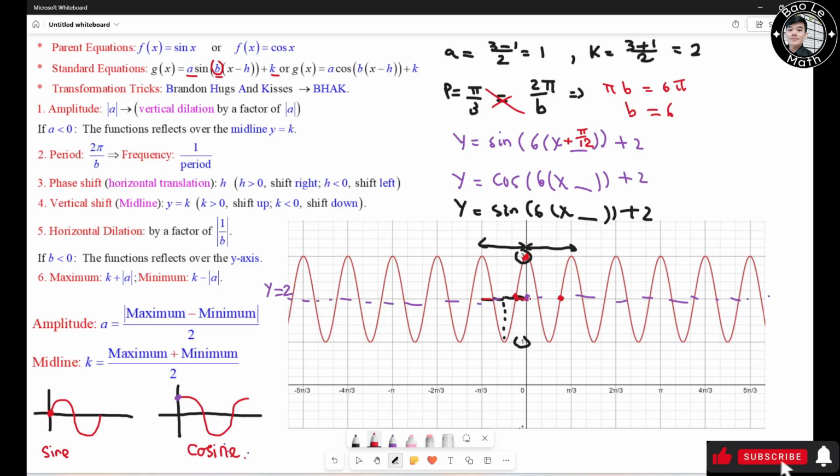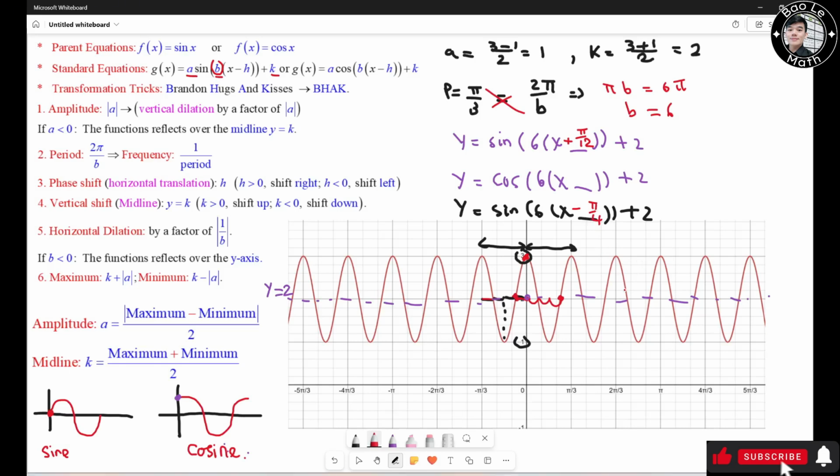How many units? 1 pi over 12. I take pi over 3, I divide by 4, it will be pi over 12. So this is 1 pi over 12, 2 pi over 12, 3 pi over 12, which is pi over 4. So then this one should be subtract pi over 4.